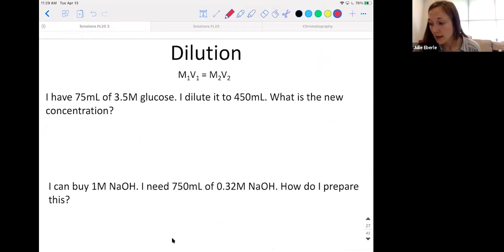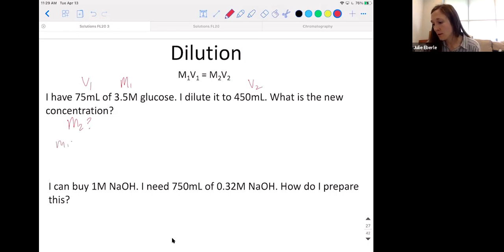Let's label this. The first thing you're given is a volume, so I'll call that V1, and the first molarity you're given, call that M1. The second volume is V2. The new concentration is what you're looking for, so that's M2. Rearrange your equation, get M2 by itself, then plug all your numbers in.